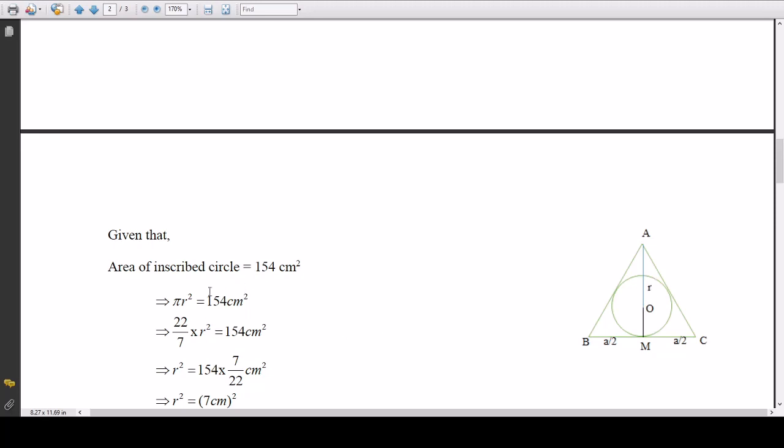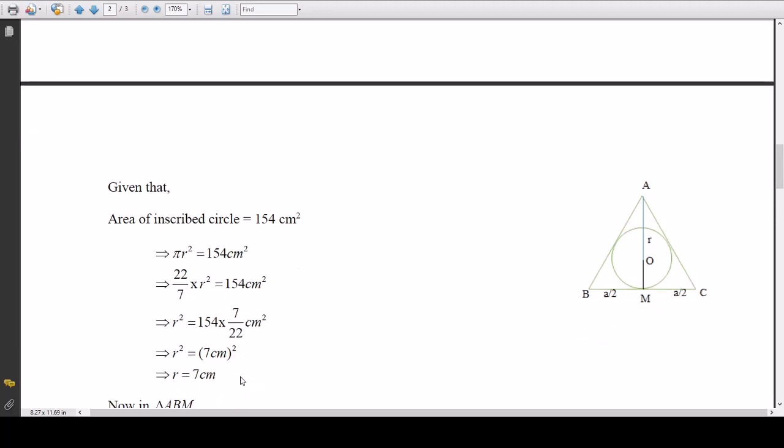From this we know that the area of a circle is pi r square, isn't it? Pi r square is the area of the circle, and the area is given to be 154. This pi is 22 by 7 multiplied by r square equals 154.